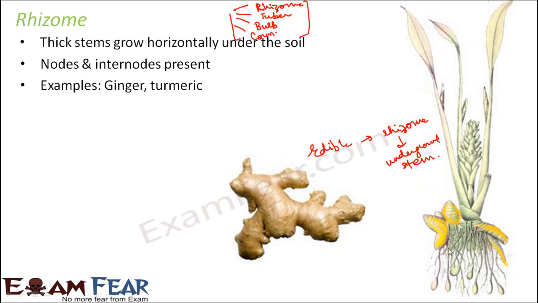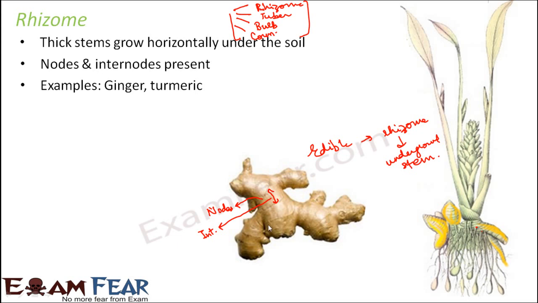Now if you look at this picture of a ginger, we can actually label them. If you see these line structures, these are nothing but the nodes, and the space between any 2 nodes is nothing but the internodes. That you already know. This is a node, again this is a node, and the space between them is the internodes.